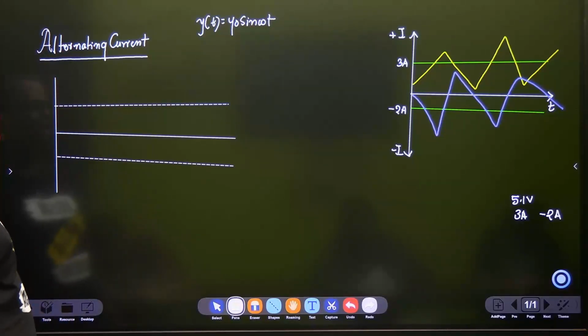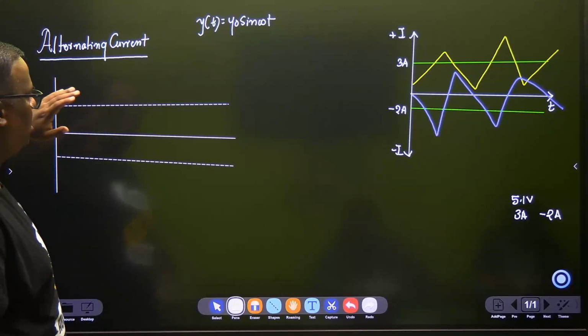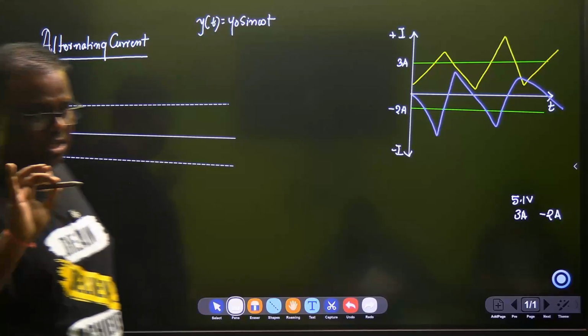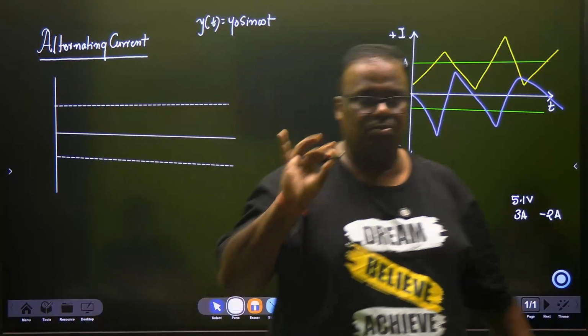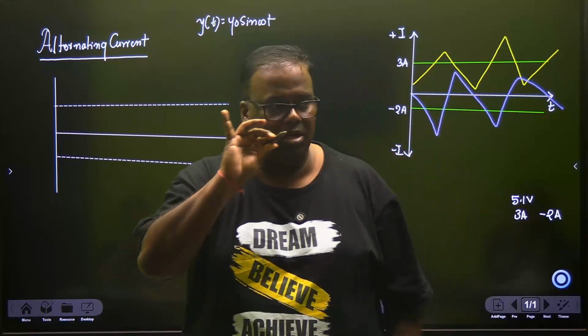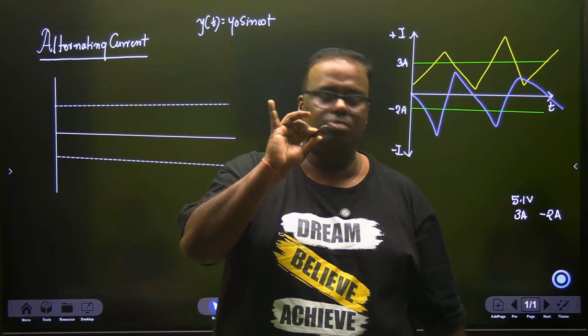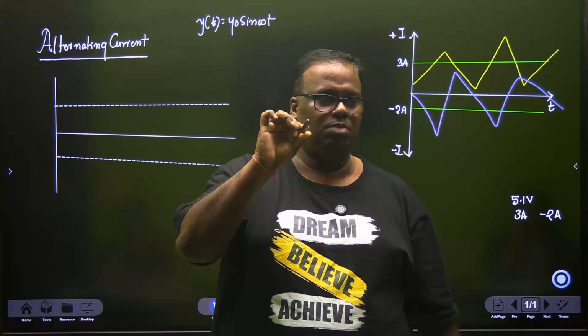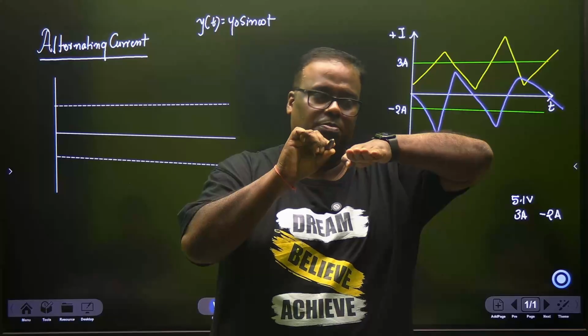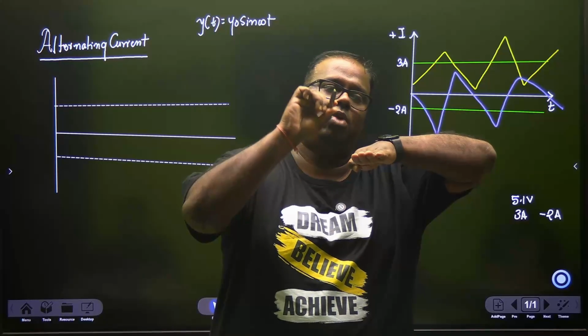My concentration I lose. Anyways, as I was saying, let's understand that this is a pen. We need to understand how this comes up. This pen is right now at a mean position, right? And the pen is attached with a spring. So the pen can go up, the pen can go down.